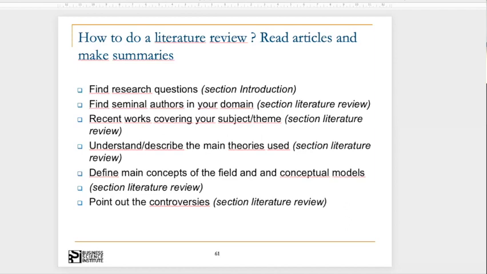But what I'm telling you is that you have to find these theories, and these theories fit very well, and they might be enhanced by new concepts, which might be part of your contribution in your research.